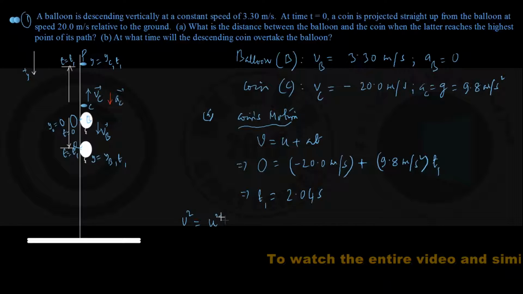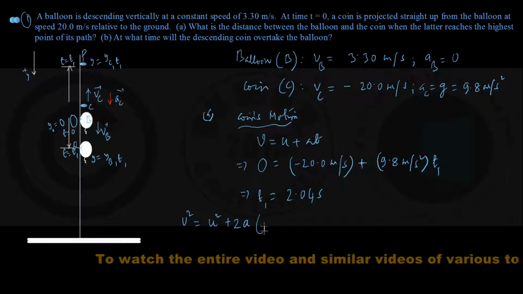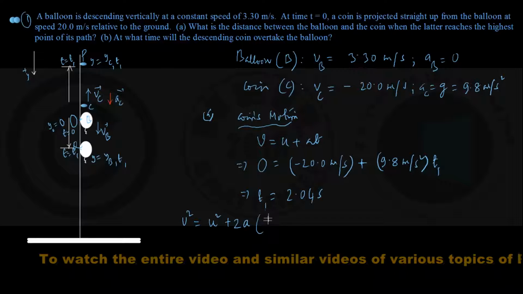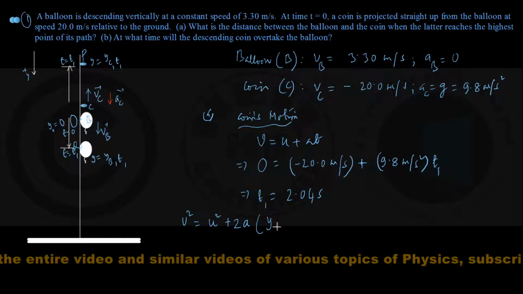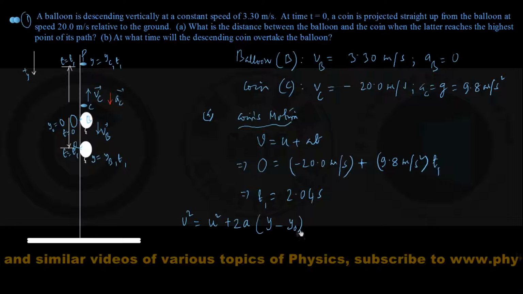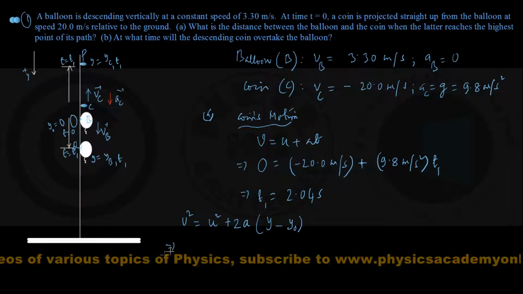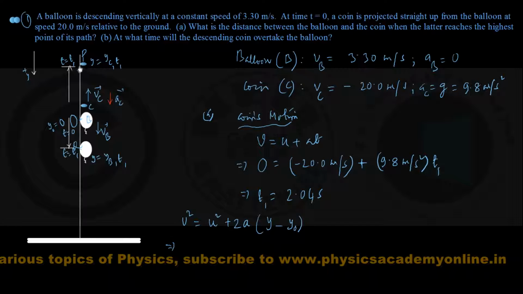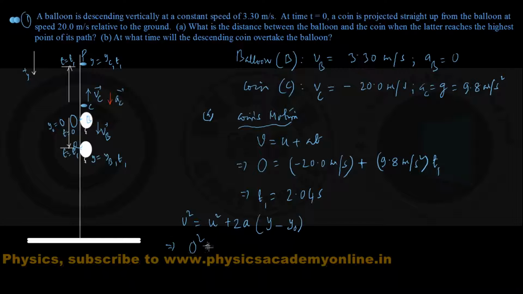v squared equals u squared plus twice a into delta y displacement. Let me write it to be the final y coordinate at the end of upward motion minus initial position coordinate, that is y0. In this case, that is the origin. Putting values once again, at the highest point of the path, the coin comes to rest momentarily, therefore v is coming out to be 0.